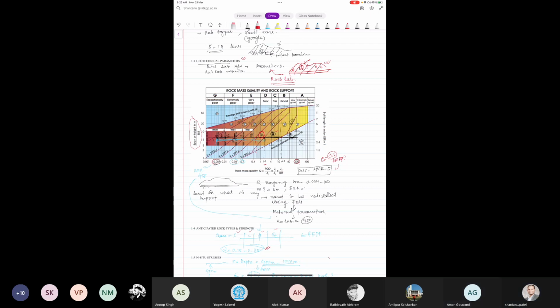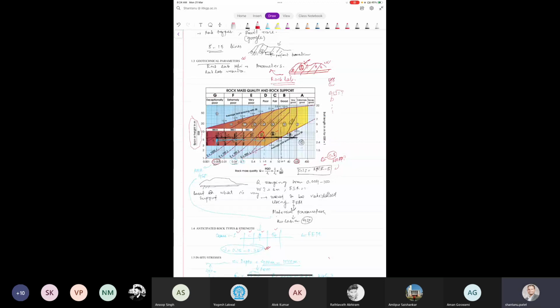Yes, sir. You remember that RocLab thing? So there you have some input of UCS, or sigma ci, and D value and all those values, right? Only thing you will change is GSI here.